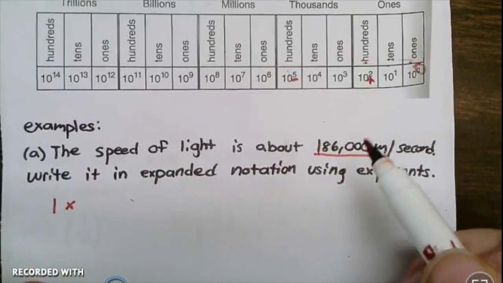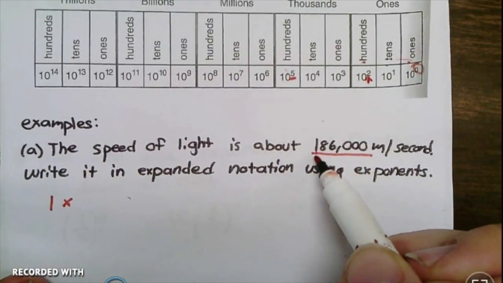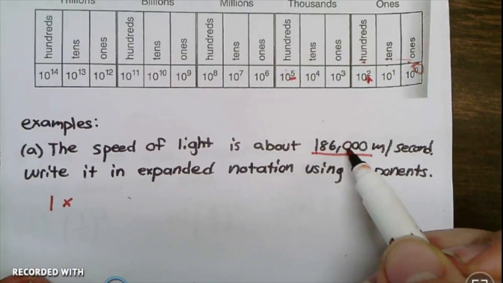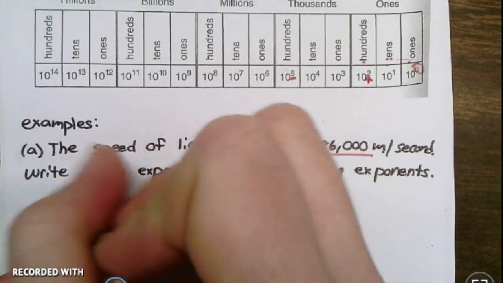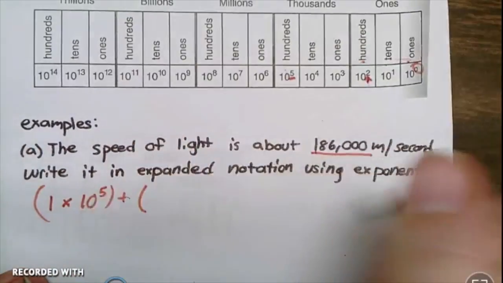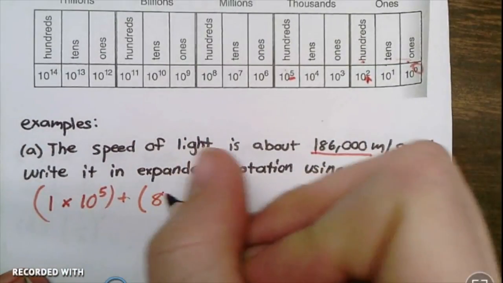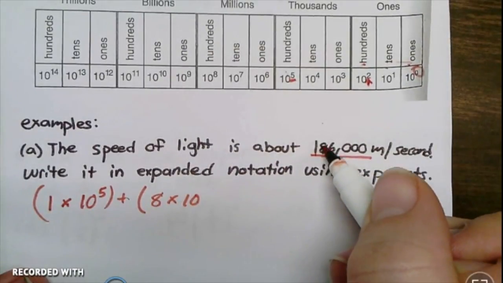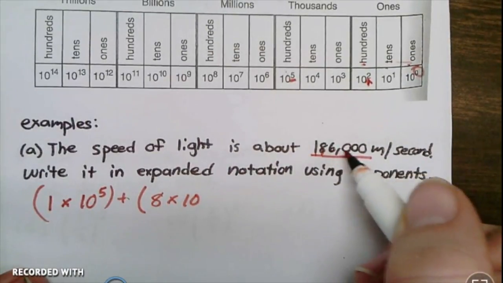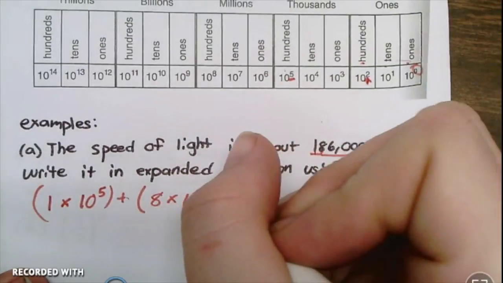The other way we could look at this is count how many spaces come after this number. 1, 2, 3, 4, 5. So times 10 to the 5th, plus 8 times 10 to the, how many places come after this 8? 1, 2, 3, 4.